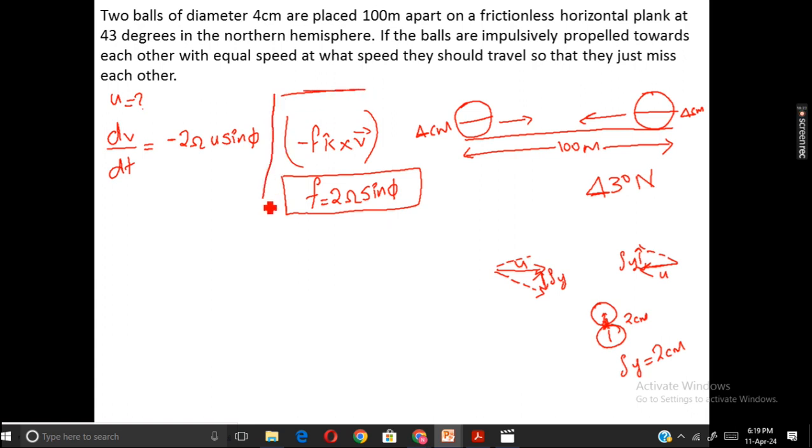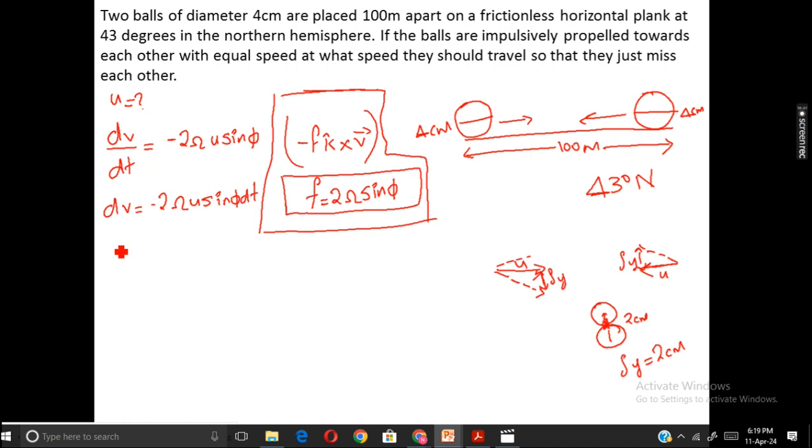We have already discussed these things in the previous classes. So dV by dt is equal to minus 2 omega u sine phi. This is the Coriolis force acting on the ball. Now dV can be written as minus 2 omega u sine phi dt.